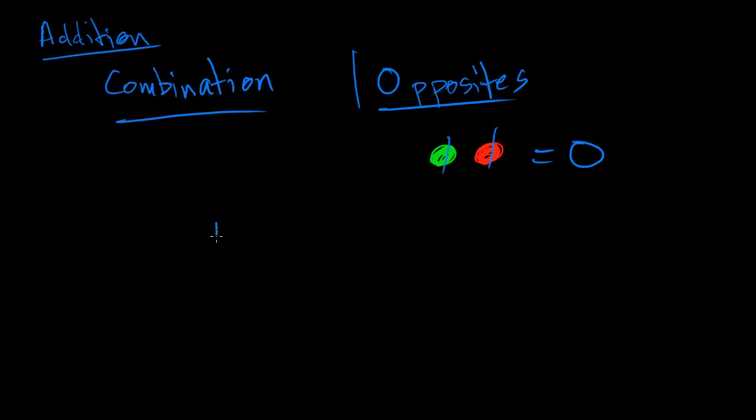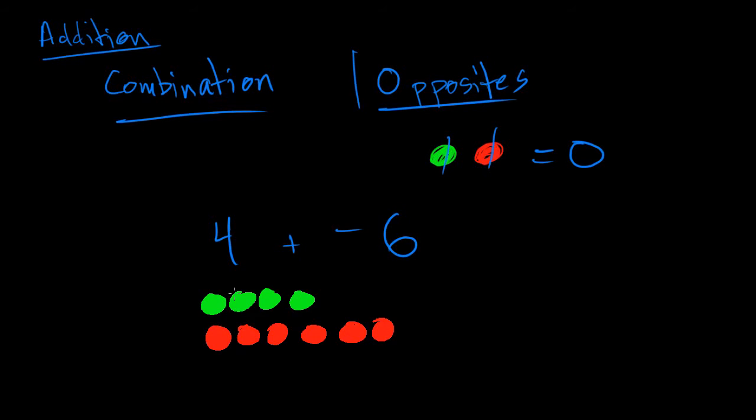So let's say you were trying to add 4 and negative 6. Well, 4 is positive and 6 is negative. So let's combine 4 positives and 6 negatives. Since a positive and a negative cancel each other out, these two cancel each other out. And so do these, so do these.